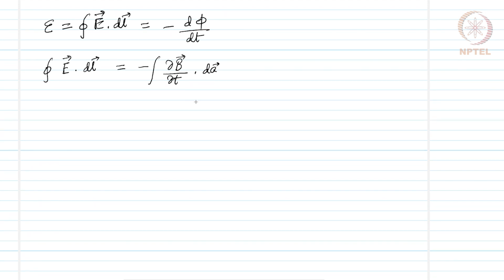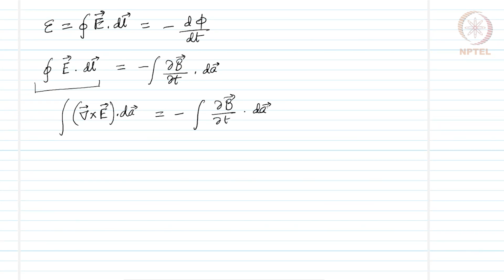Now we can convert this closed line integral using Stokes' theorem into the surface integral of the curl of the electric field, which is equal to minus the integral of ∂B/∂t dot dA. For this expression to be true in general for any electric and magnetic field, we must have the curl of the electric field equal to minus ∂B/∂t.